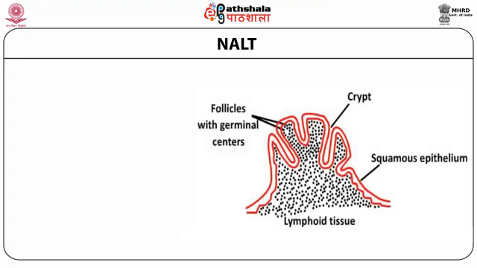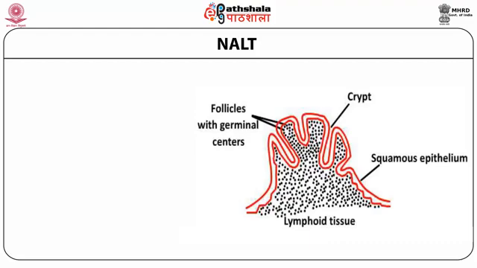NALT consists of lymphoid tissue at the back of the nose, that is the pharyngeal tonsil and other tissues, and also the one associated with what are called Waldeyer's rings. These are present in palatine and lingual tonsils, and this is the lymphoid tissue of the neck and pharynx.